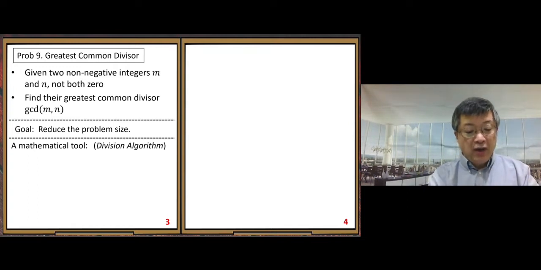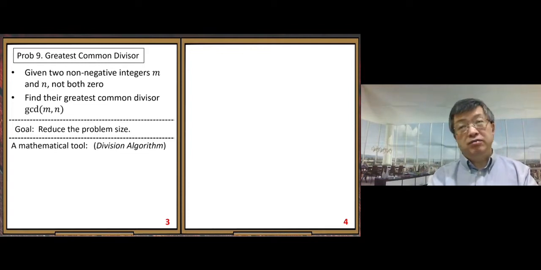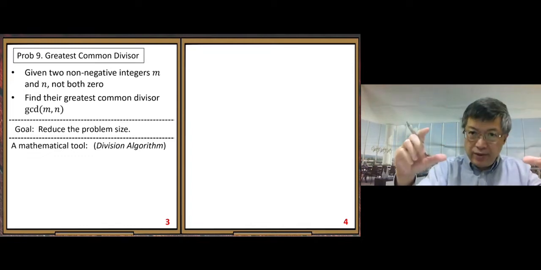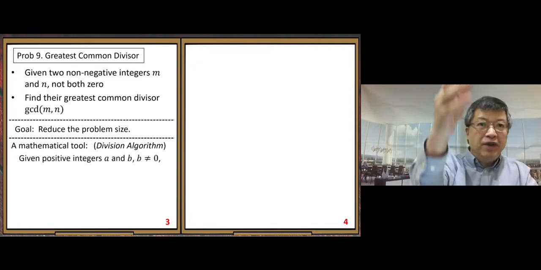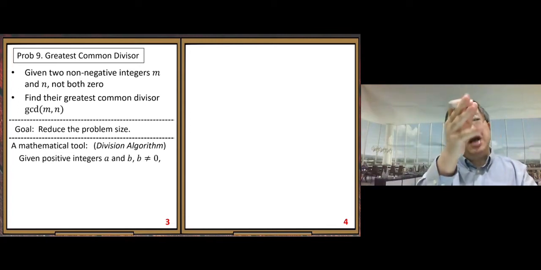It's called the division algorithm. Integer division. You know integer division, right? We write that integer division as a theorem, as an algorithm. So what's the division algorithm? Given positive integers a and b, b not 0. b is used as the divisor, so it cannot be 0.